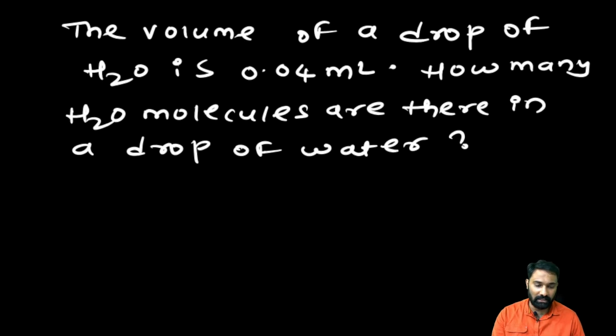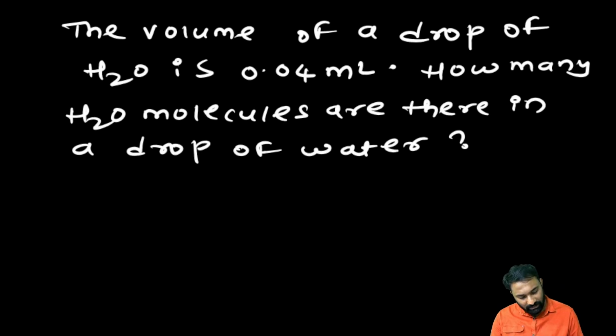In most cases in your question they will mention the density. Without giving the density they will not ask, but for H2O they will not give it. Only in the case of H2O they will not mention the density. The density of H2O is 1 gram per ml. You have to consider that. That's it.